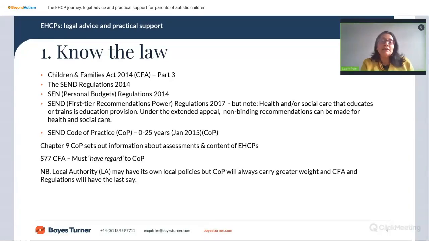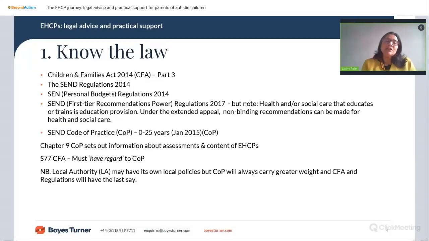Then you have other regulations, here I've set out the personal budgets regulation, and the First-tier Tribunal recommendations power, whereby the tribunal can make recommendations in relation to the social care and health aspects of the EHCP. They are non-binding recommendations, but it is expected that they are by and large carried through by the authorities.